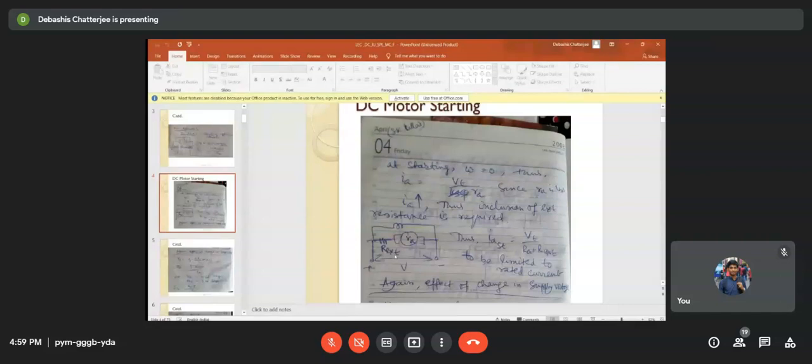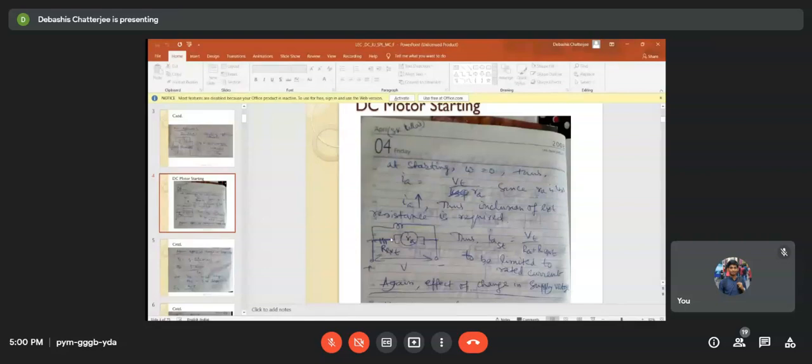You can have a simple option: a parallel switch, right? The switch is off during starting, and when the motor speed has reached its value, you just turn on the switch so that there is a short circuit across this R external. Current will then flow through the short-circuited path only.